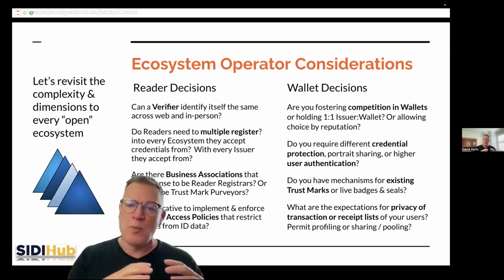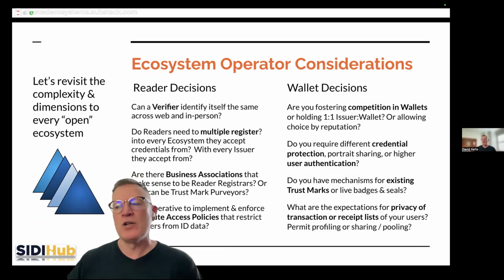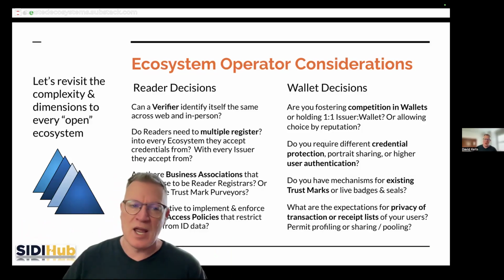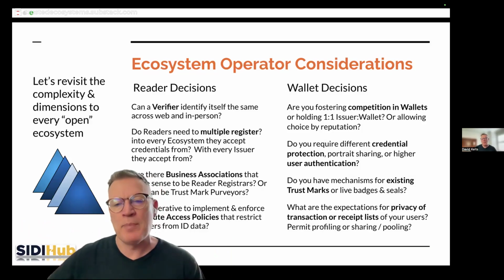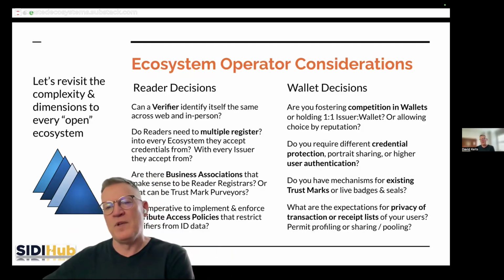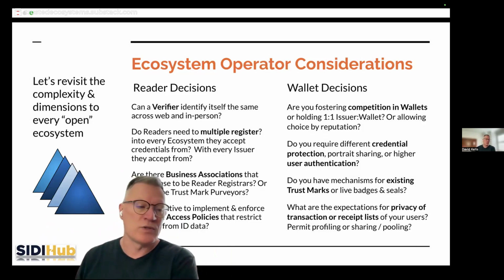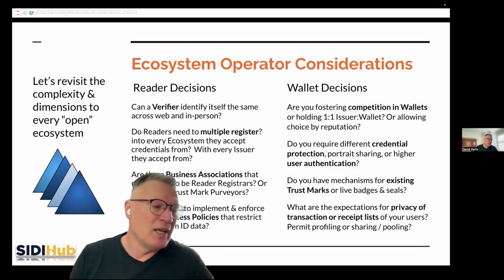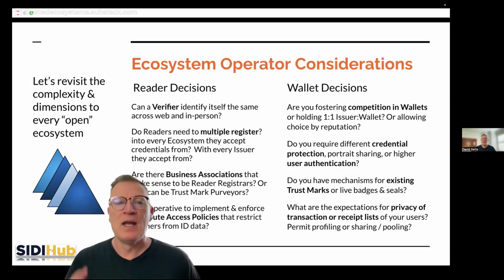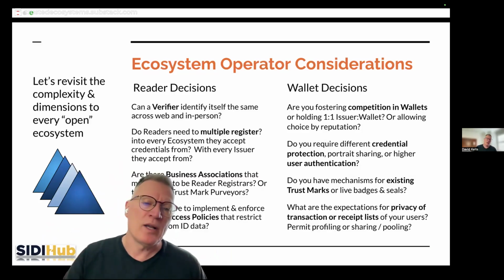How do you permit or prevent profiling or sharing? If it's a loyalty application that's issuing a credential, that's going to end the context in which they're going to profile users, because those exist already, even in some of the state wallet apps. So looking at all these considerations is a key part.